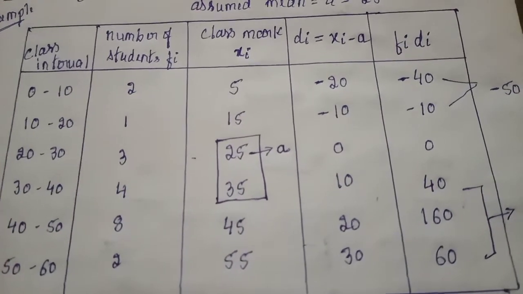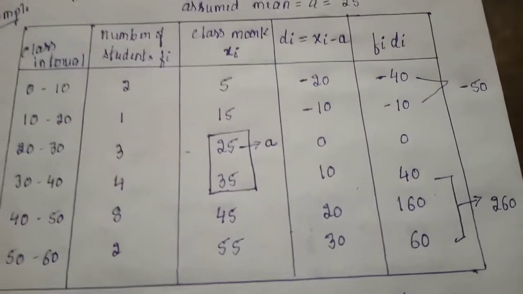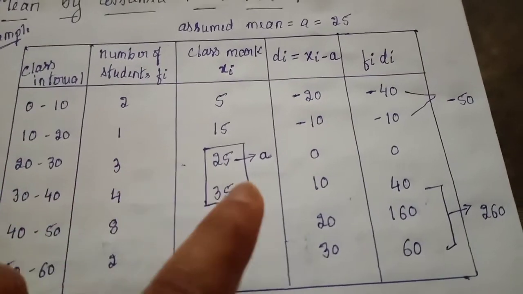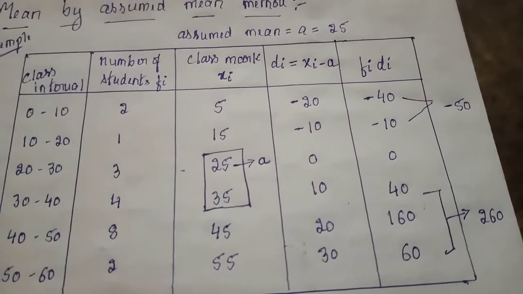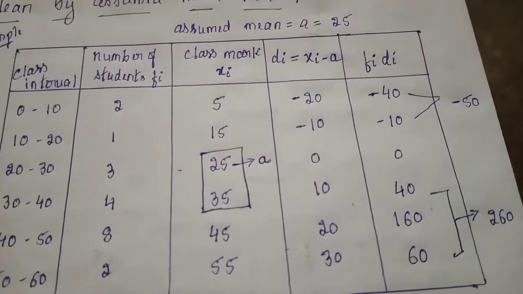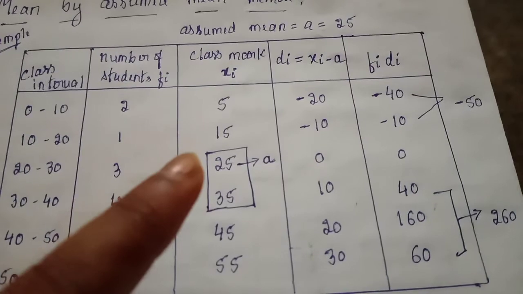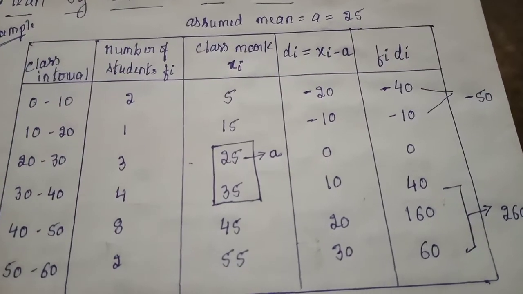So note that we do direct method when the fi and xi column numbers are very small, and we go for assumed mean method when fi and xi are large.